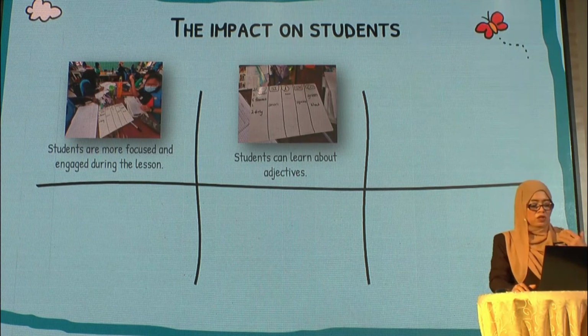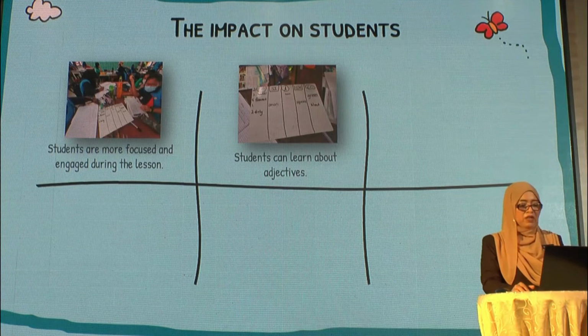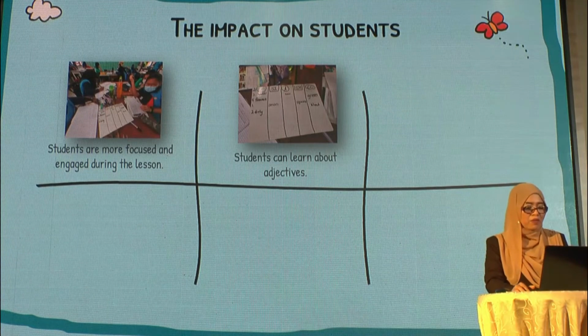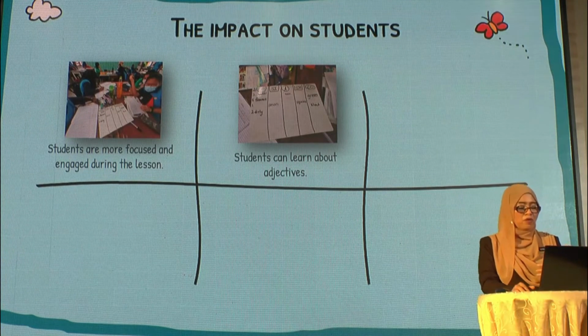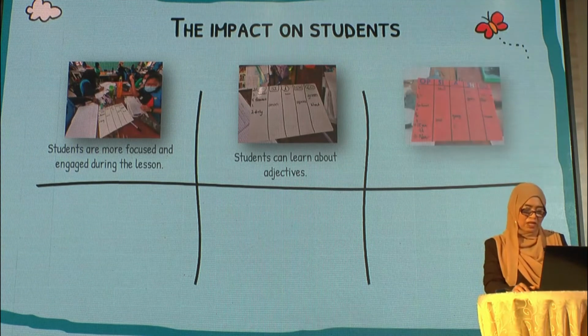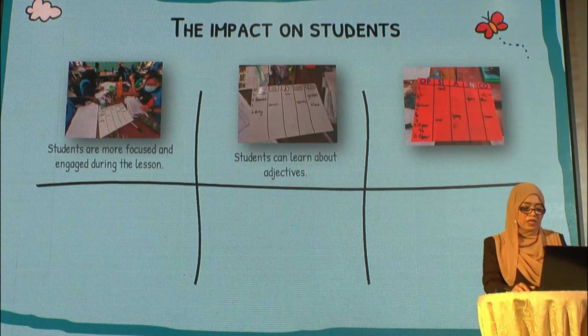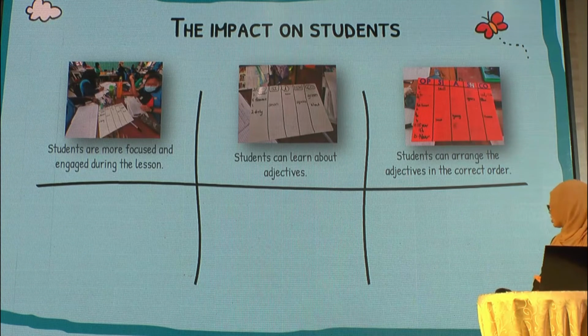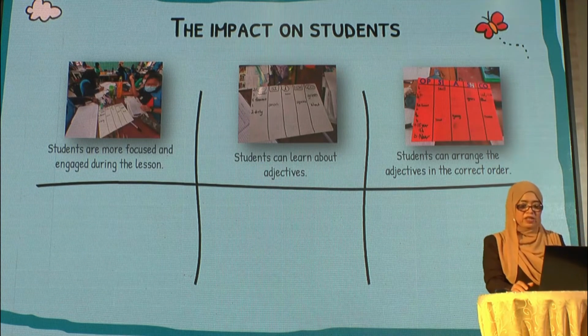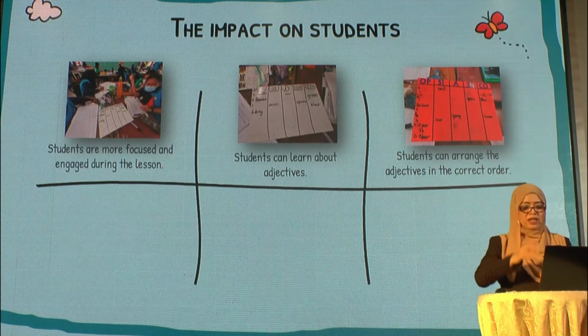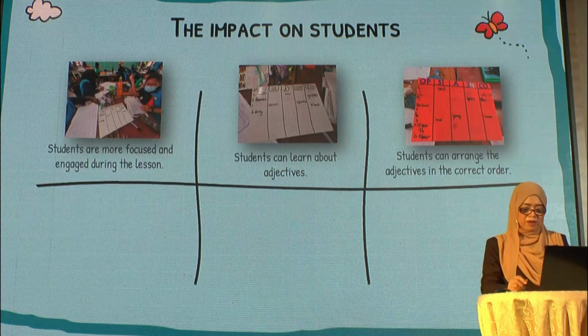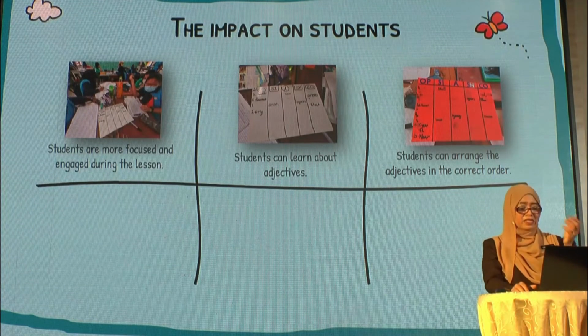By using this activity in groups, they can learn from the students who are more proficient in the language. And then they can arrange the adjectives in the correct order, because all the columns are there. They just have to write with the marker pen, and it can easily be erased.